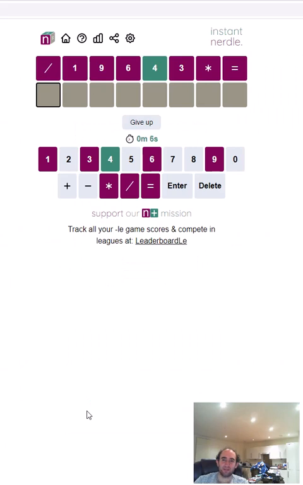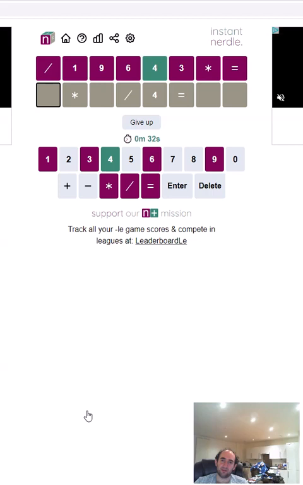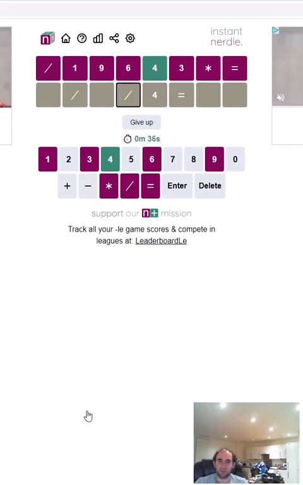What have we here? So 36, no, so where can the symbols be? So it's going to be a single digit number times or minus a single digit number times or divide, sorry, 4 equals a 2-digit number. So 9 times 6 is not going to work because it's not divisible by 4.